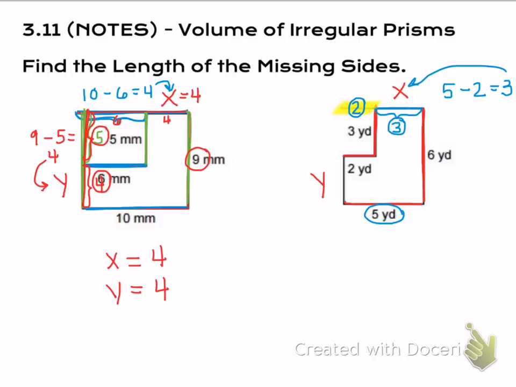Now we're going to look at Y. Pause the video for a second and try to figure out what Y is, and then we will go from there. Okay, welcome back. So now we're looking at Y. Here's what I need to know for Y. I know that this whole side is 6. So all the way across would be 6. And I know that this piece is 3.